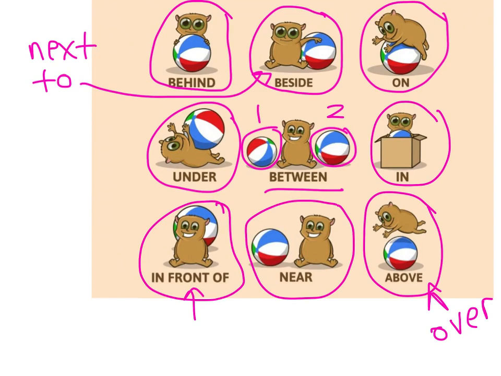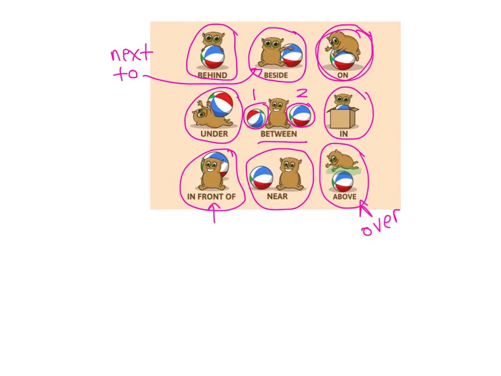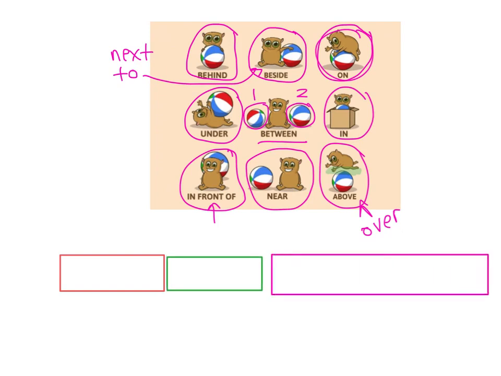The difference between over and above and on is if he is on the ball, he is touching it. If he is above or over the ball, then you can see some space in between him and the ball. And when we write these sentences, it is very easy. We just say who it is, and then we have our verb, and then we have our prepositional phrase that tells us where.